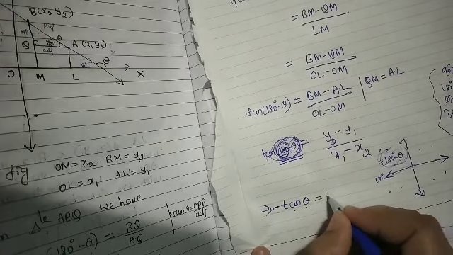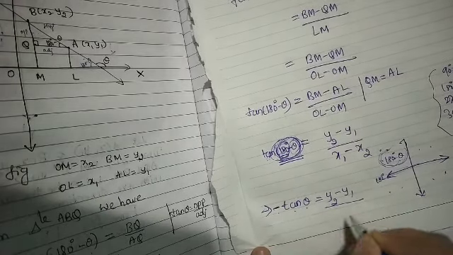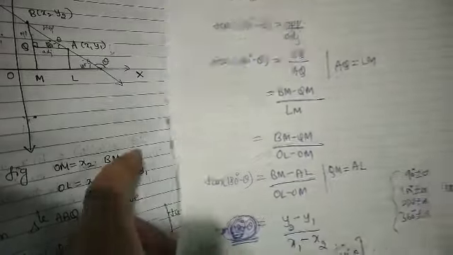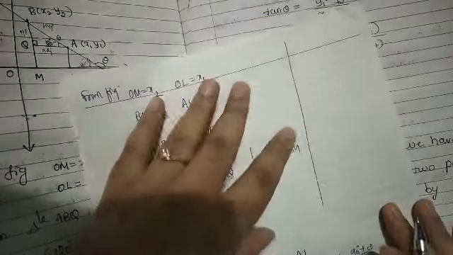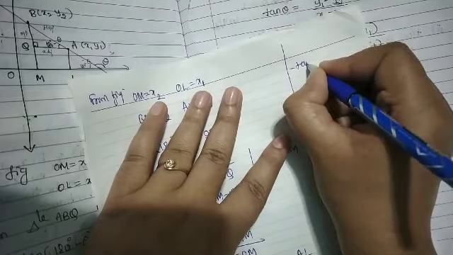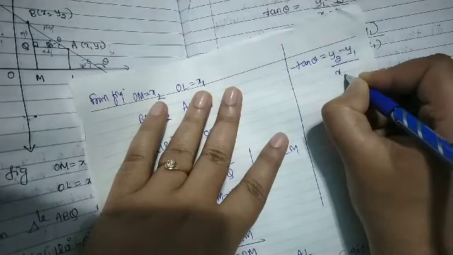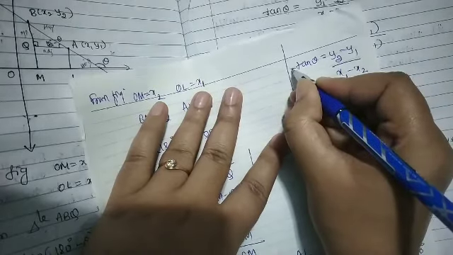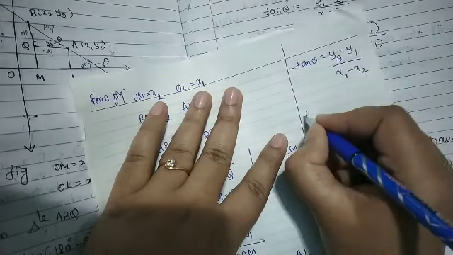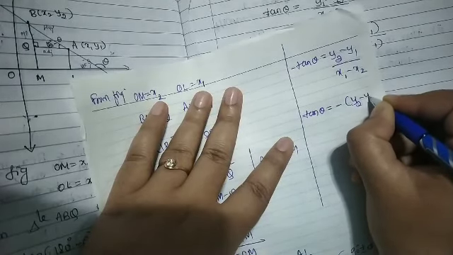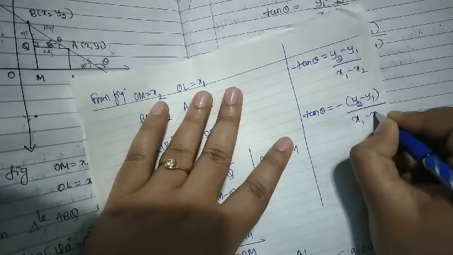So this is equal to y2 minus y1 by x1 minus x2. Next, minus tan theta is equal to y2 minus y1 by x1 minus x2. Taking this negative sign to the right side, tan theta is equal to minus of y2 minus y1 by x1 minus x2.